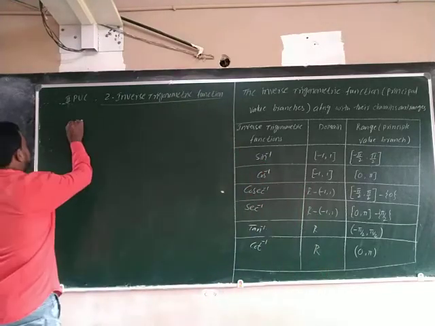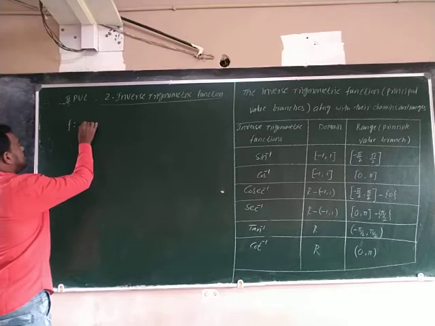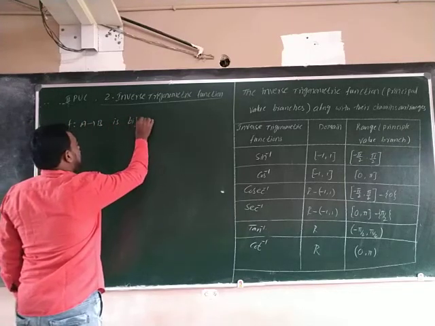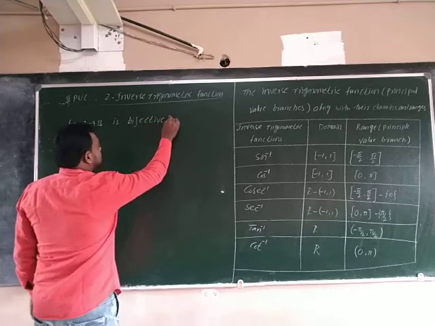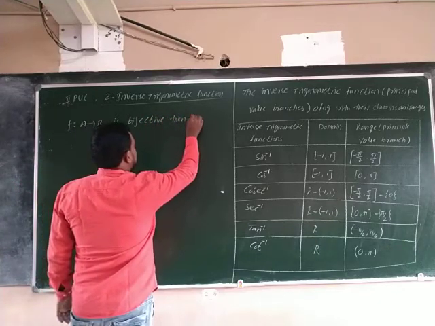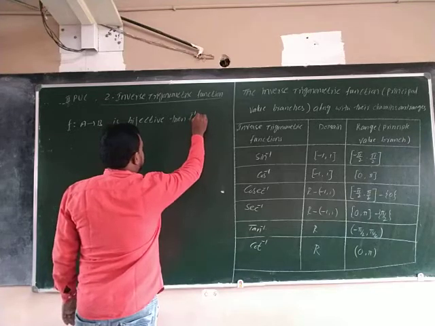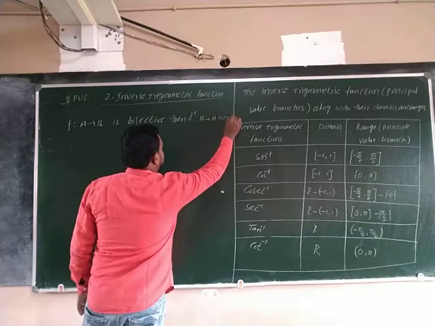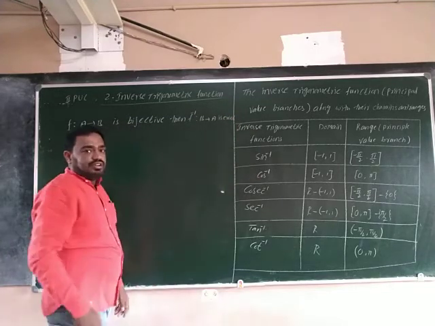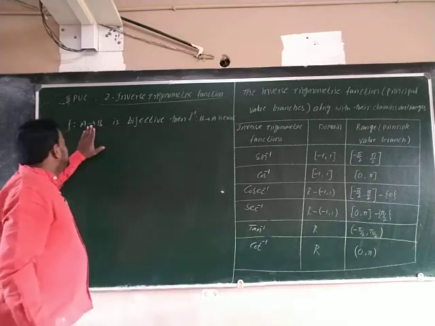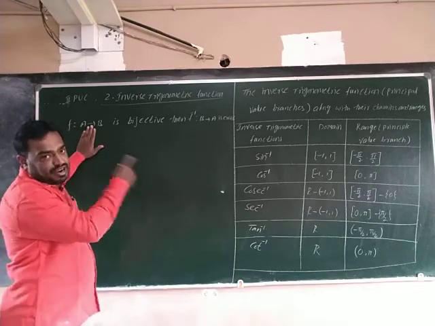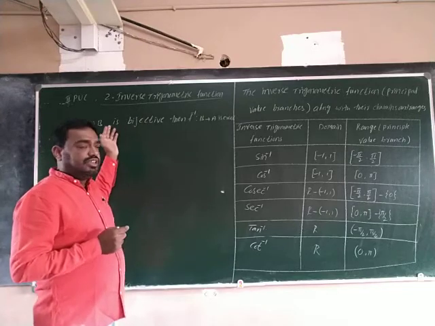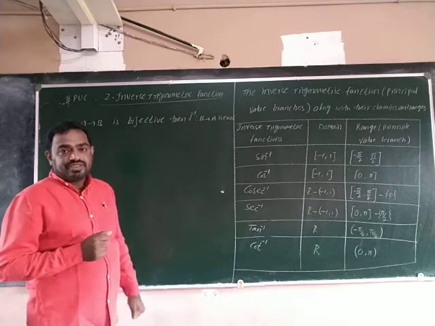If f is mapping from A to B and is bijective, then f inverse is mapping from B to A and exists. That means if f is one-one and onto, that is bijective, then only the inverse of the function exists.